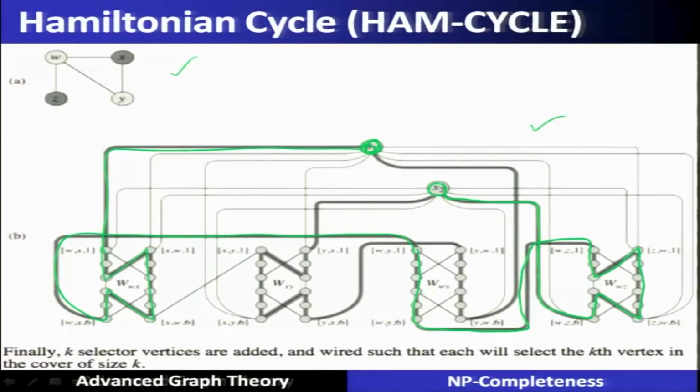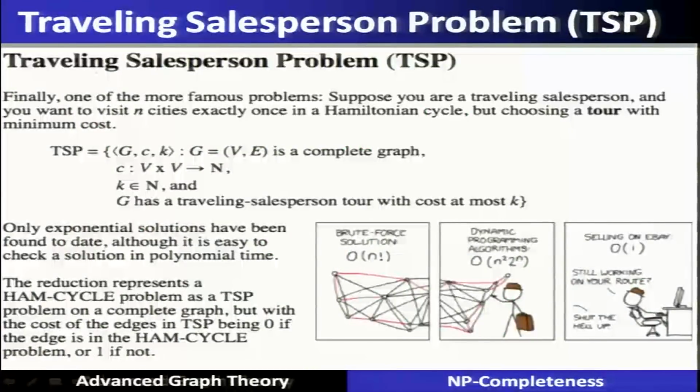Go to another vertex of the vertex cover, come back, then trace back all the other widgets and return to the same point from where it started. This is the Hamiltonian cycle. And if there is a Hamiltonian cycle, that means they are visited through these two vertices. So, there is a vertex cover. So, the vertex cover is reduced into a Hamiltonian cycle problem with this particular reduction.